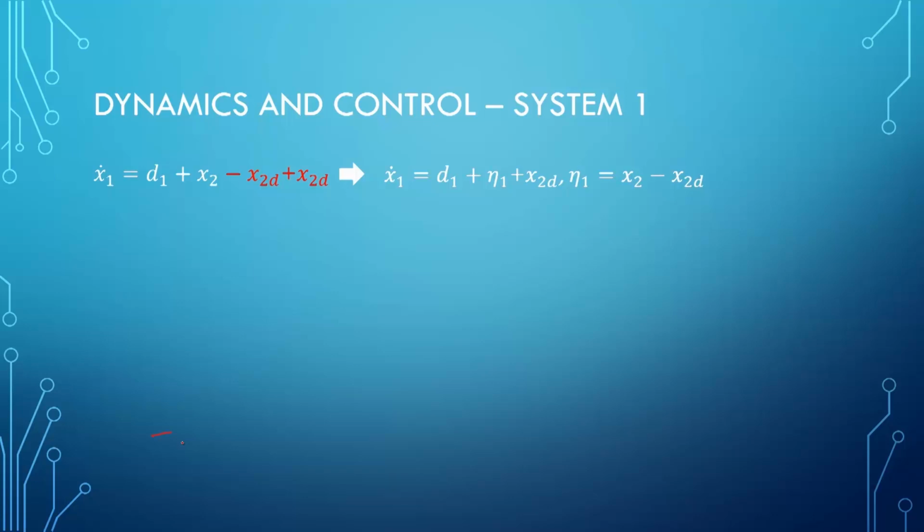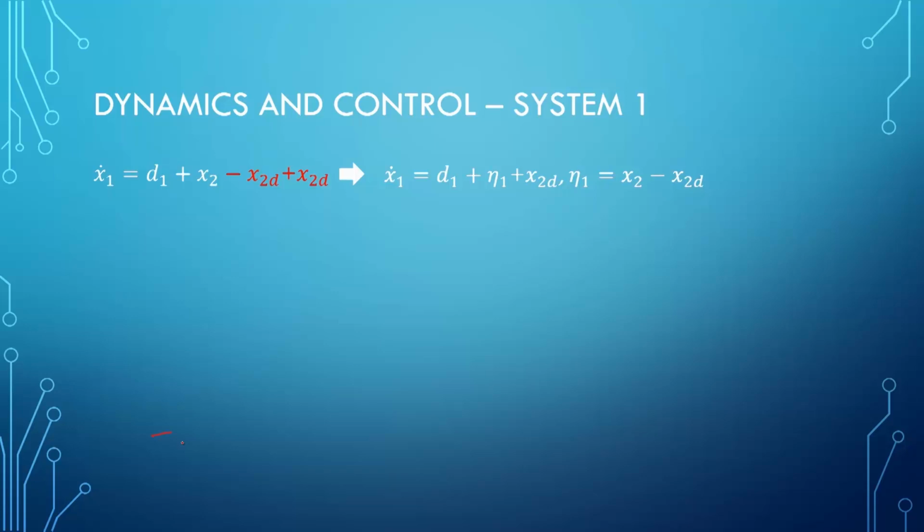So same as before in the backstepping approach, here x1 dot equals D1 plus x2. And x2 you can consider as the control of the first system. So we add and subtract x2d, where x2d is the virtual control, right?